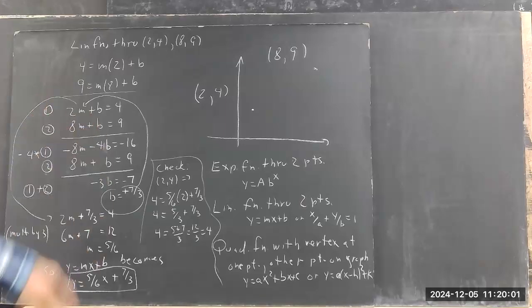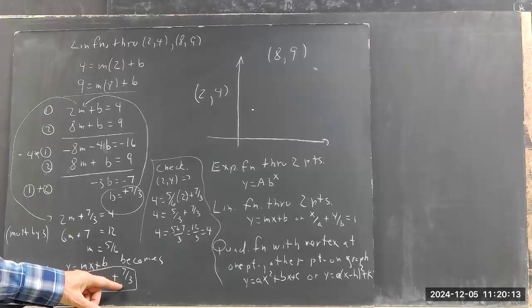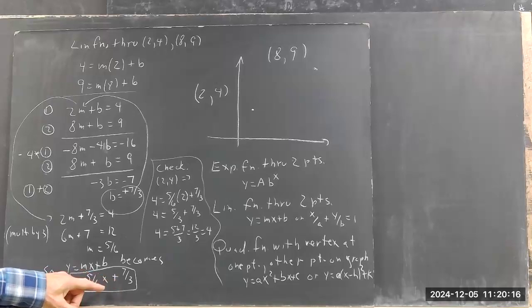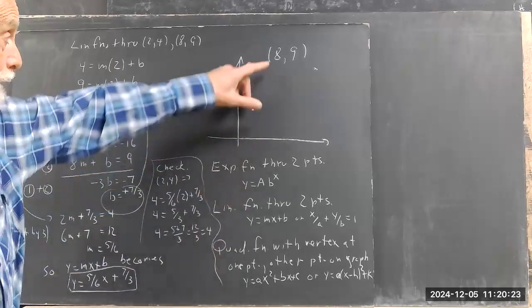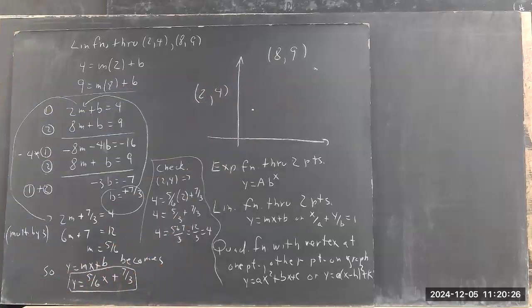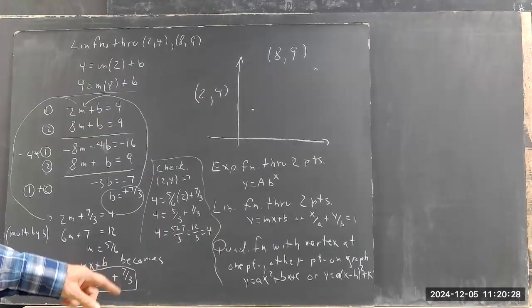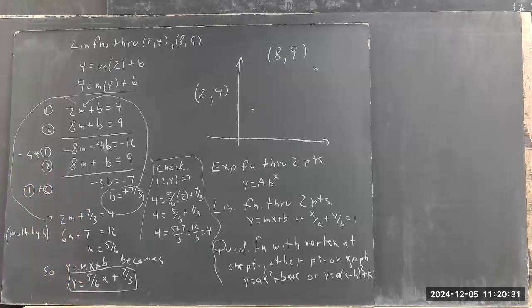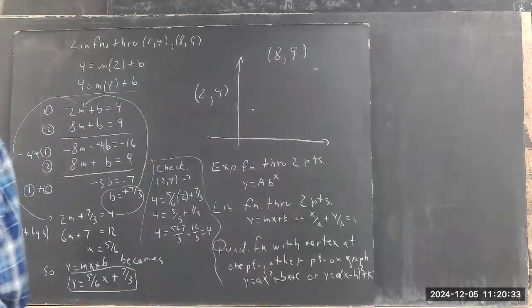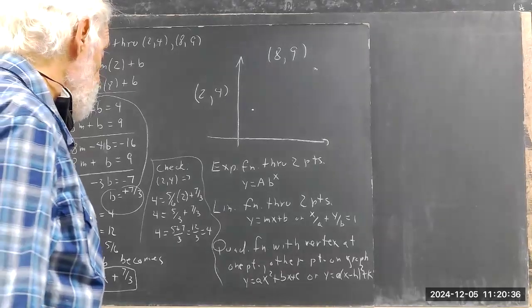So I must have gotten up on the wrong side of the bed this morning. I'm sorry. I tried to plug 9 in for x, and I wasn't getting anything that made sense. It's an advantage to write it out, but if I plug 8 in for x, I get 20/3 plus 7/3, which is 27/3, which is 9. So now I'm pretty confident with my solution.